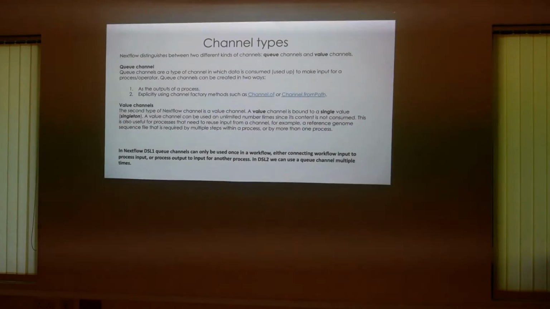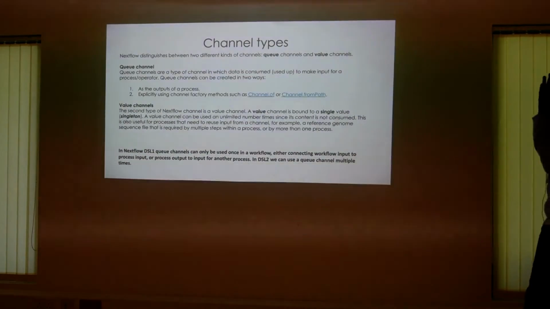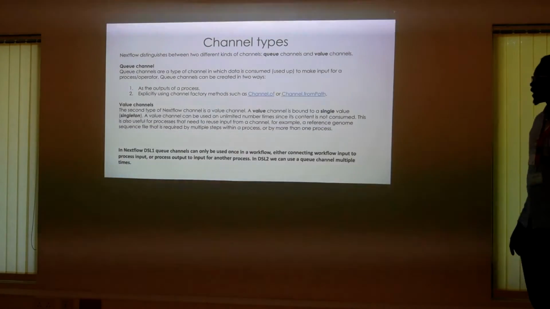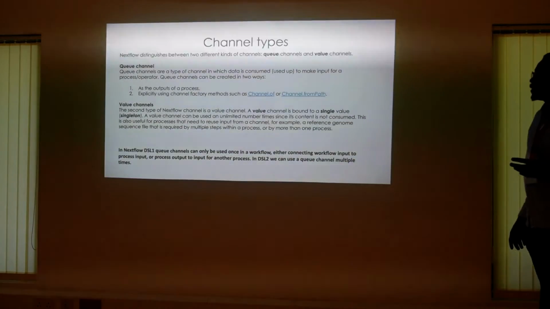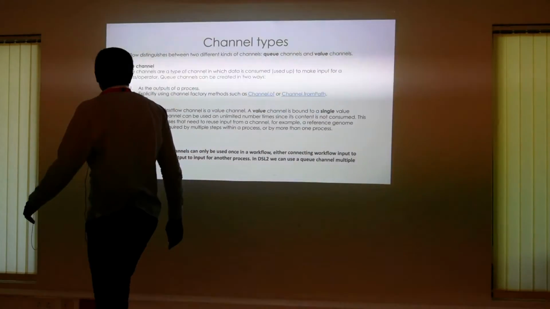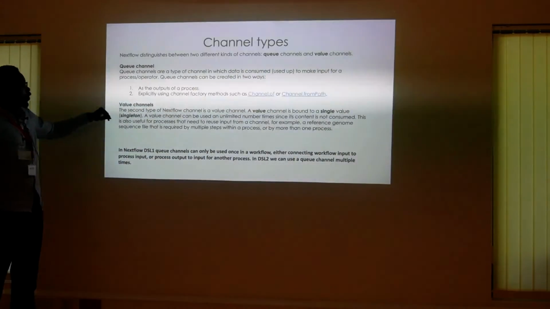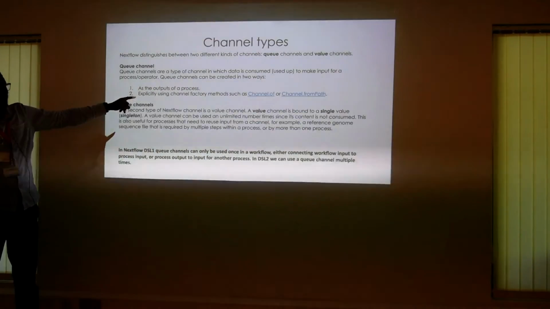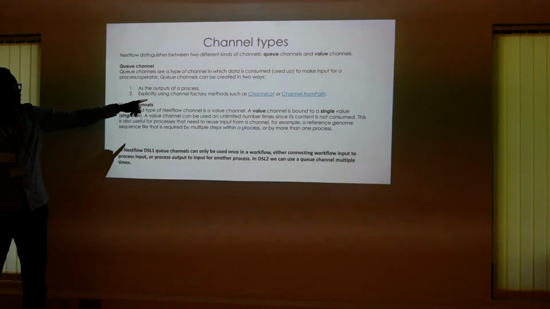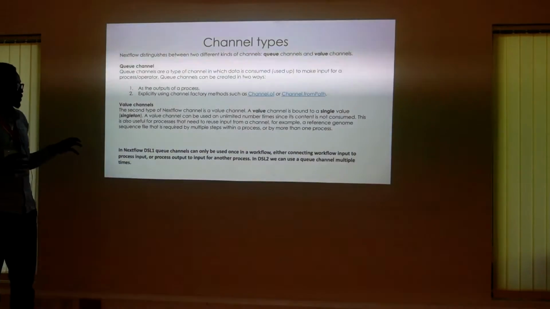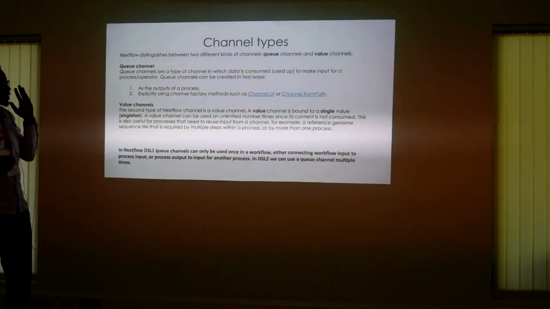We have two channel types in Nextflow. We have a queue channel, which is a channel that consumes data. This is typically an output from a process, or it can be a channel created using what we call channel factory methods. So in Nextflow, we have methods which allow us to create channels.